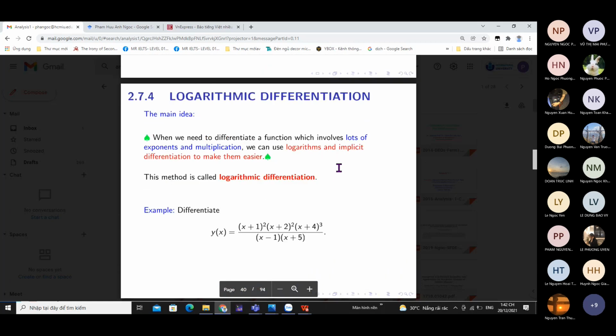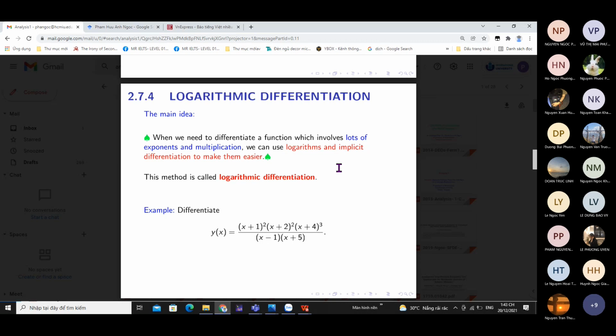Now we go to a new technique for differentiation, namely logarithmic differentiation. Sometimes we have to evaluate the derivative of a function which involves lots of exponents and multiplication. For example, look at the function y of x given in the example. y of x equals x plus 1 squared times x plus 2 squared and so on.